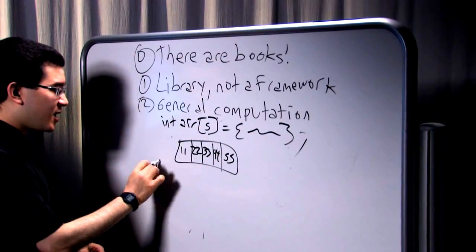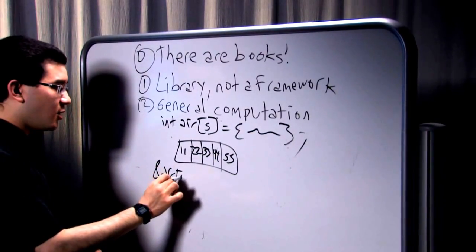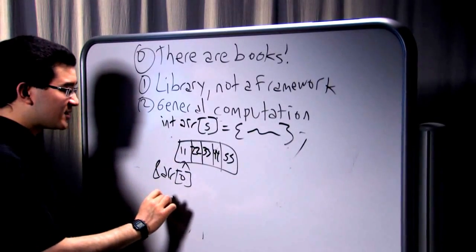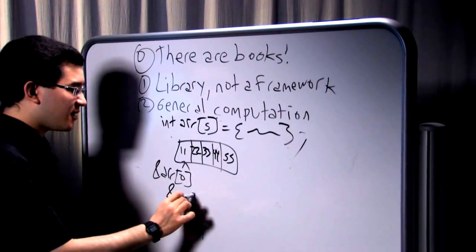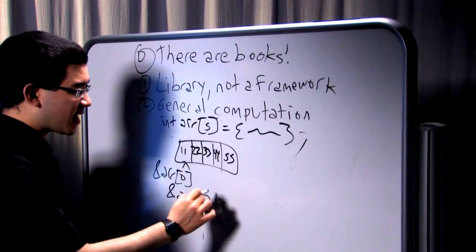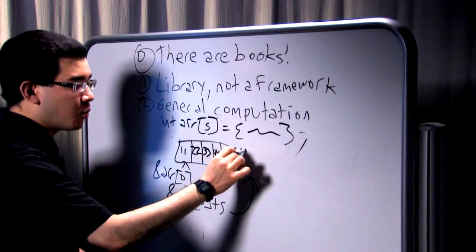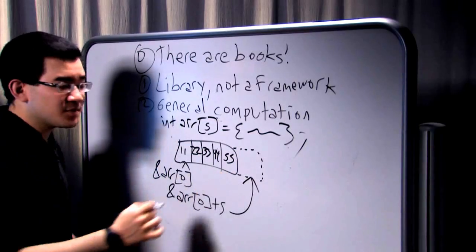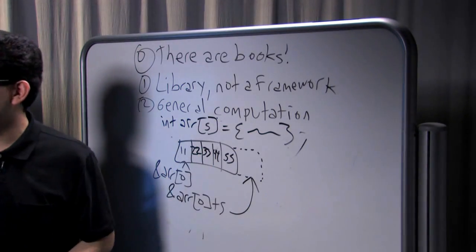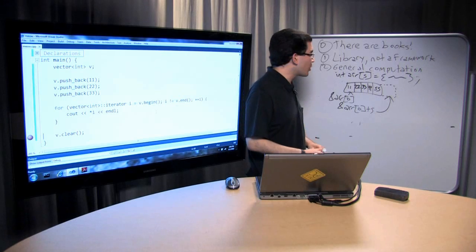If I say address of array of 0, that's this element, the first element of the array. If I say address of array of 0 plus 5, which is the size of the array, I get a pointer to 1 past the end of the array. C++ and C allow me to talk about the address of this element, but I cannot dereference such a pointer.